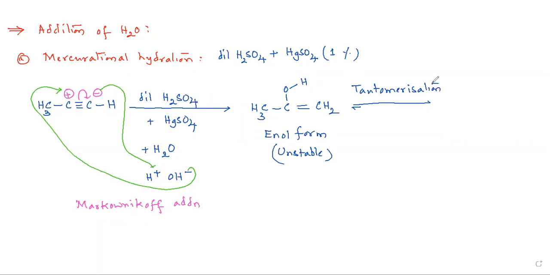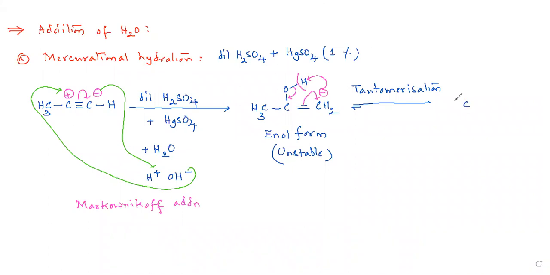See, a bigger arrow mark is shown from the enol to keto because enol is unstable, but from keto to enol a smaller one is shown. Let us see what happens. As and when this comes here, this will go here. Then this carbon gets a negative charge and this abstracts the H plus, right?